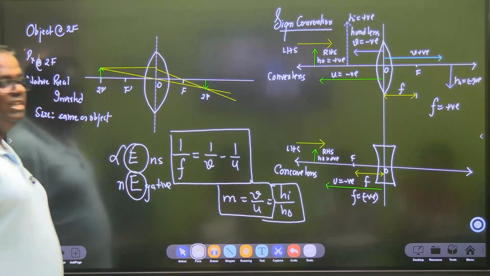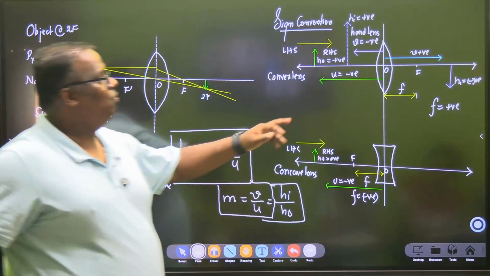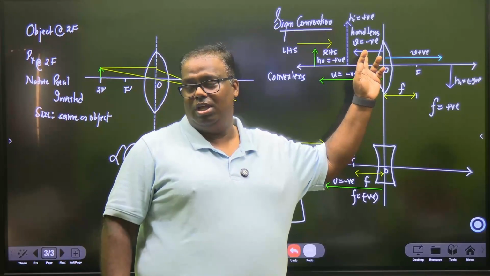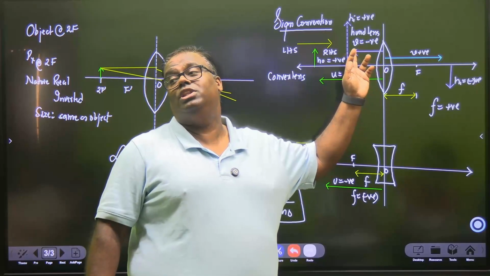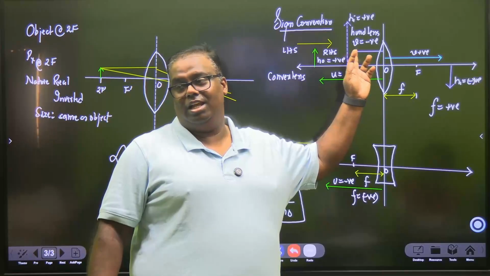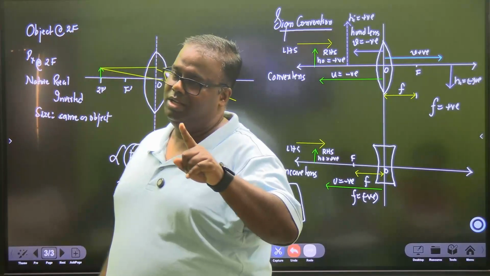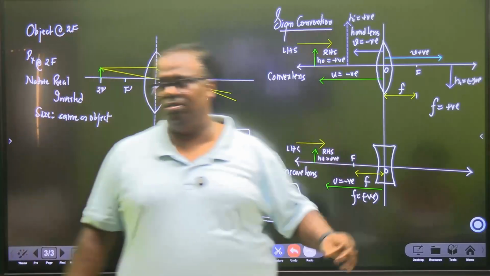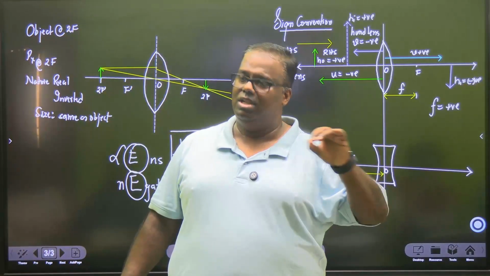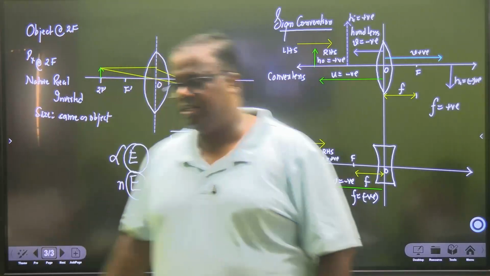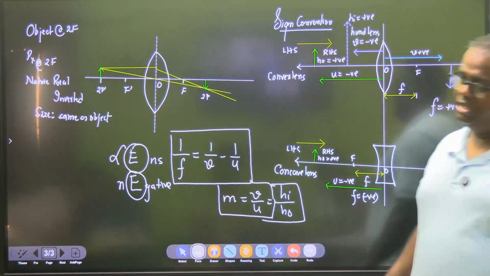And now all those iterations you know. In this case, what should be the value of magnification? The value should be positive and more than 1. At 2F, the value will be negative and equal to 1. And in all other cases, magnification will always be negative, because the image height is negative. Clear?